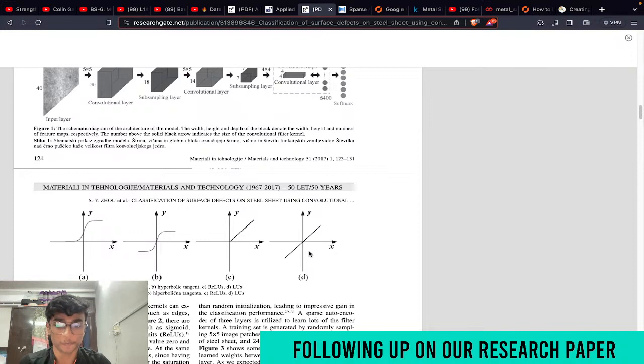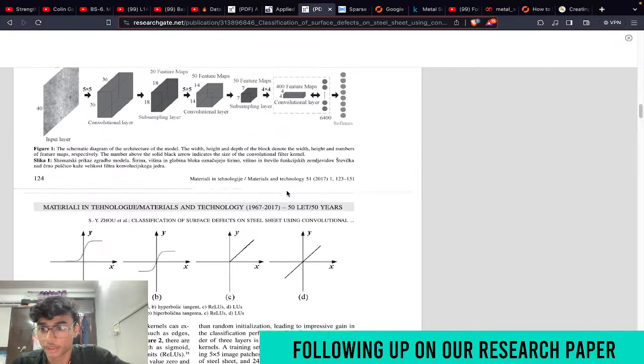And they say this gives them the best result. I don't get it. This is just like using no activation layer at all. But I guess we'll have to follow this, so let's live with it.